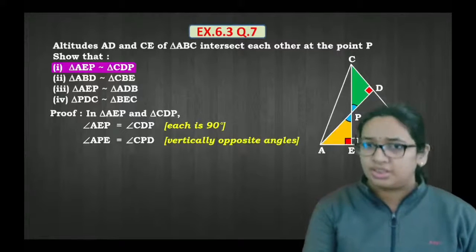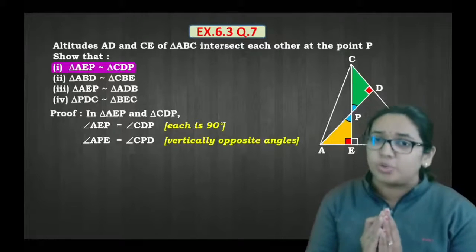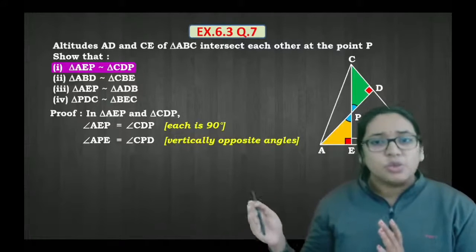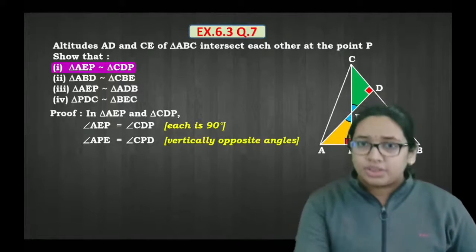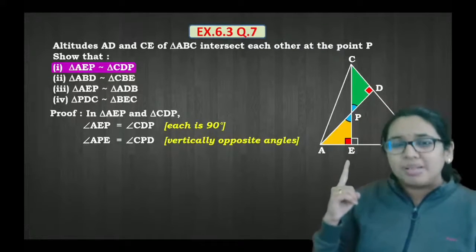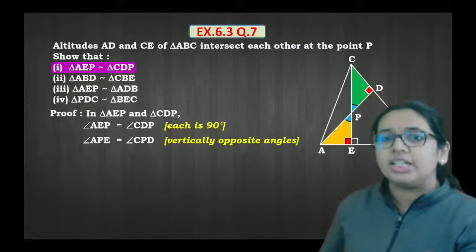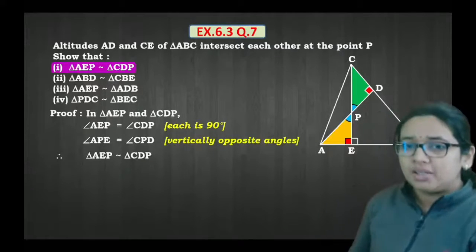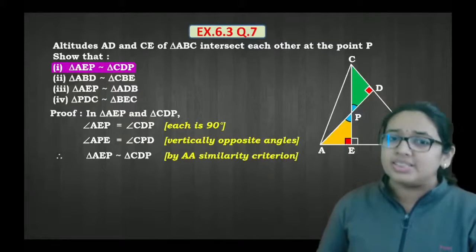Any doubt in this? Okay, what did you have to do? You had to check. First we saw between which angles you have to prove similarity. After that, you just had to check which of the criteria we can fulfil. So we can see that as AD and CE are altitudes, they make 90 degree angles, and APE and CPD are nothing but vertically opposite angles. So we can say that triangle AEP and CDP will be similar triangles by the similarity criteria.